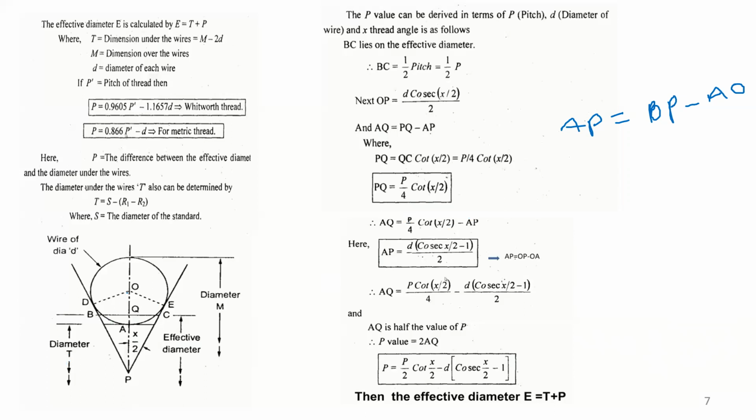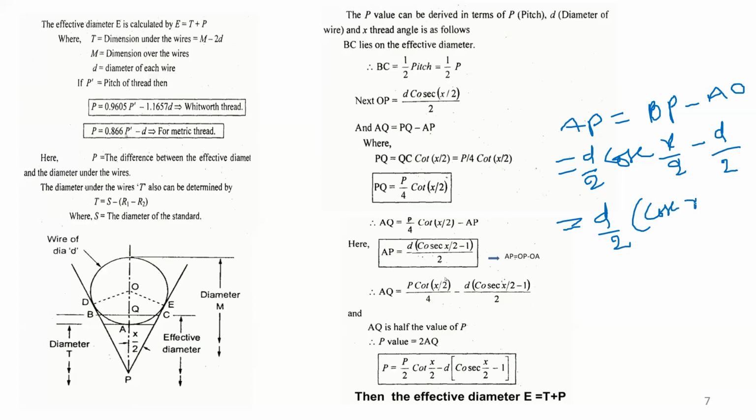So OA is nothing but diameter by 2, and we need to find out OP. That OP is already calculated as d by 2 cosecant x by 2. So OP is equal to d by 2 cosecant x by 2 minus OA, which is nothing but d by 2. So if you take d by 2 common, we will get cosecant x by 2 minus 1.